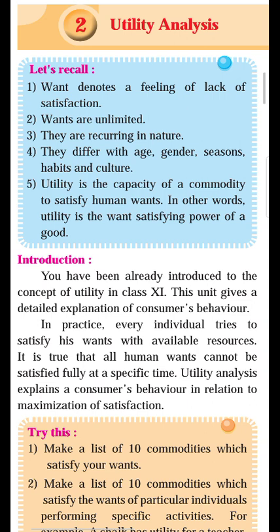If the commodity or the goods and services have the capacity to satisfy the human wants, this is called utility. Okay, here human wants means what? Human demand. If the commodity has power to satisfy the human want, it is utility. If the commodity is not able to satisfy the human wants, it is called disutility. The opposite of utility is disutility.